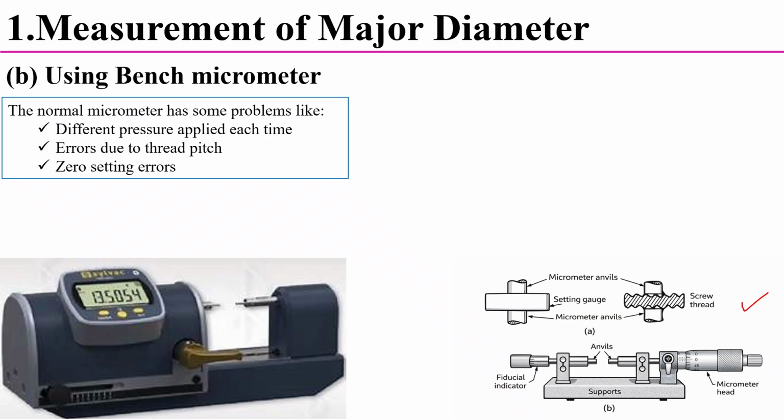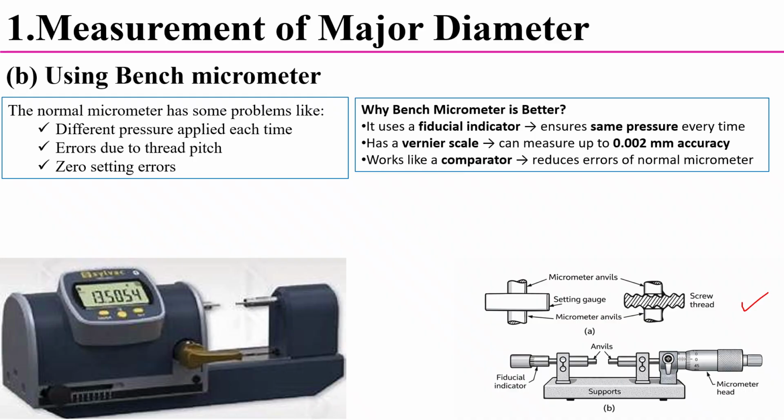Measuring the major diameter with the normal micrometer faces certain problems: a different pressure is applied each time, which introduces errors. Moreover, errors arise due to the thread pitch, and each time you have to fix the zero point, otherwise zero setting errors occur.